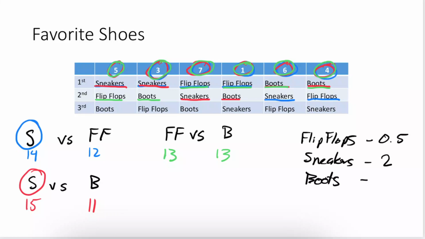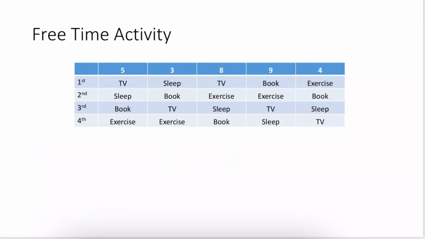And then boots won a half of a pairwise comparison, and so the boots score will be 0.5. And so overall, sneakers got the most amount of points, and so the sneakers would be the favorite shoes by Copeland's method. So the most important thing when you're doing Copeland's method is to make sure that you write down all of the possible pairs.